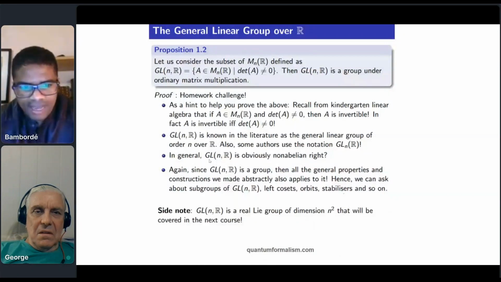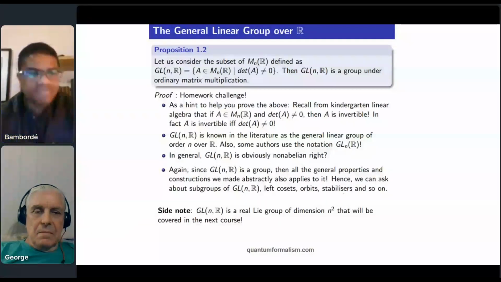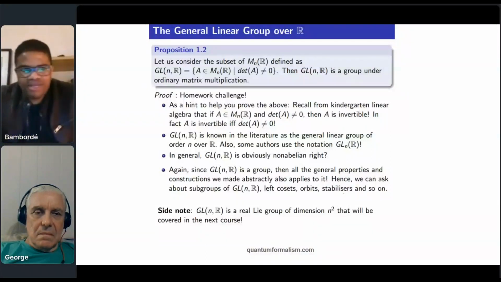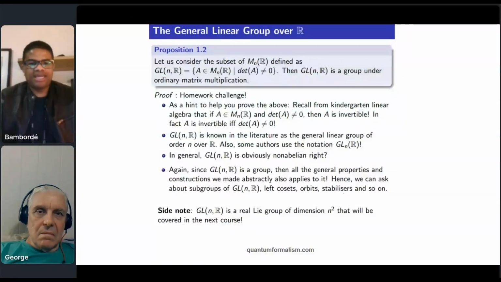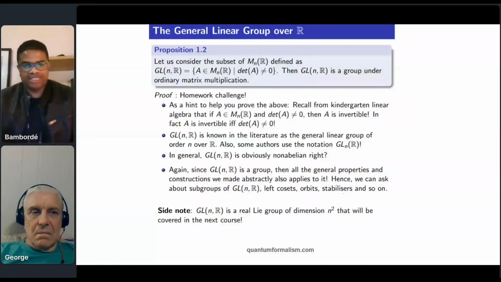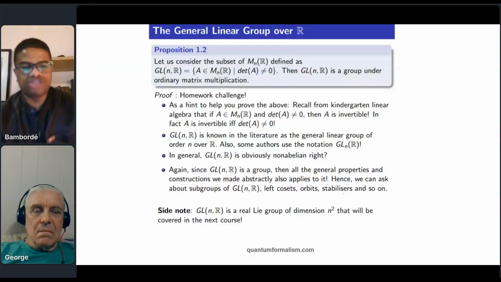Okay. So again, this is a group, so we can ask the legitimate questions that we can ask about a group and apply all the constructions that we did, like asking about actions of this group on a set, for example on Rn, left and right cosets, orbit, stabilizer, and so on.